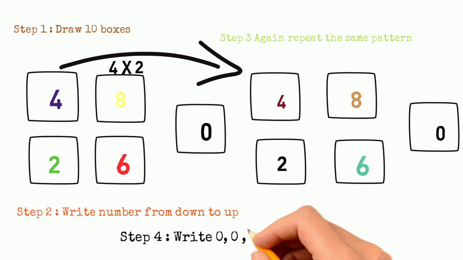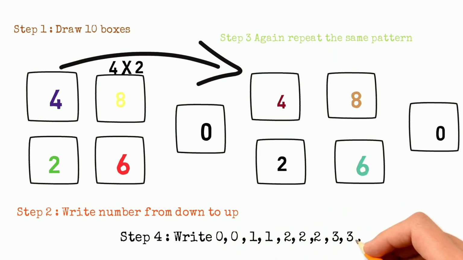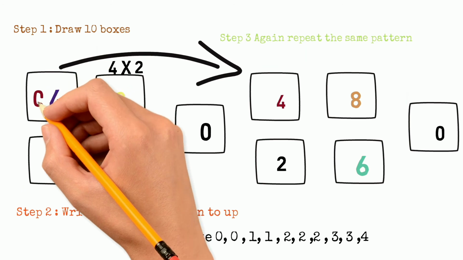Step number 4. Write 0, 0, 1, 1, 2, 2, 2, 3, 3 and 4.